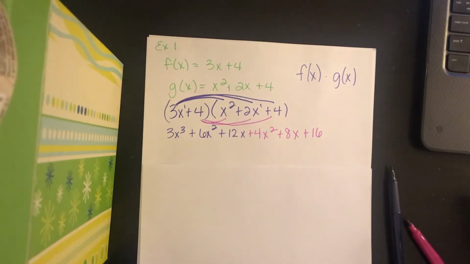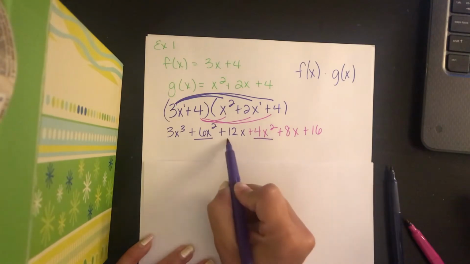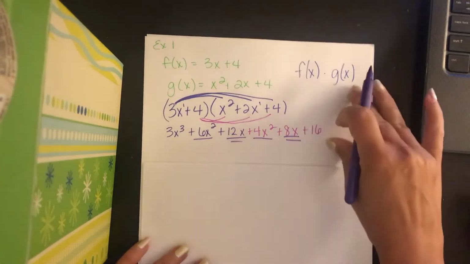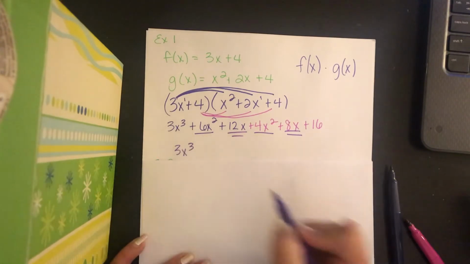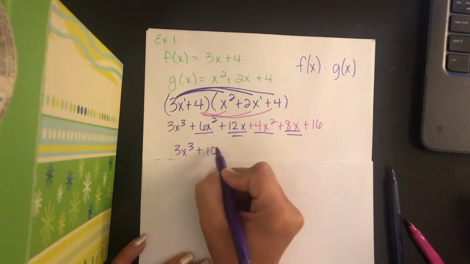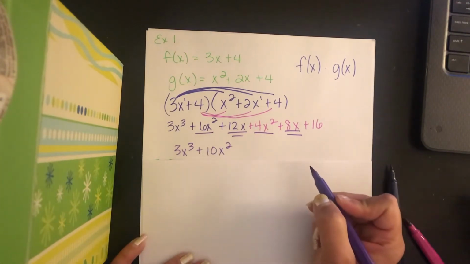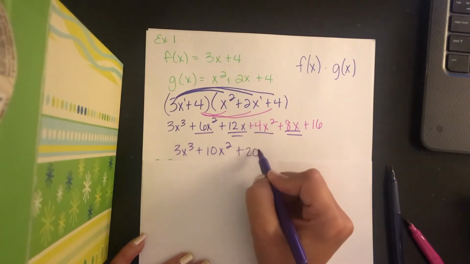Now remember, whenever we multiply polynomials, we're always going to add like terms. So there I have my like terms, nothing with my 3x to the third. 6x squared plus 4x squared is 10x squared. 12x plus 8x is 20x.